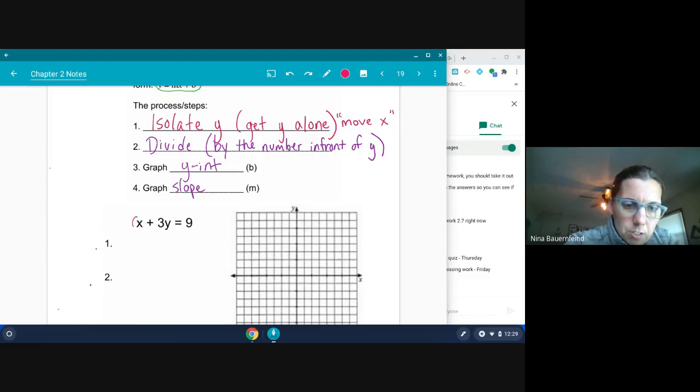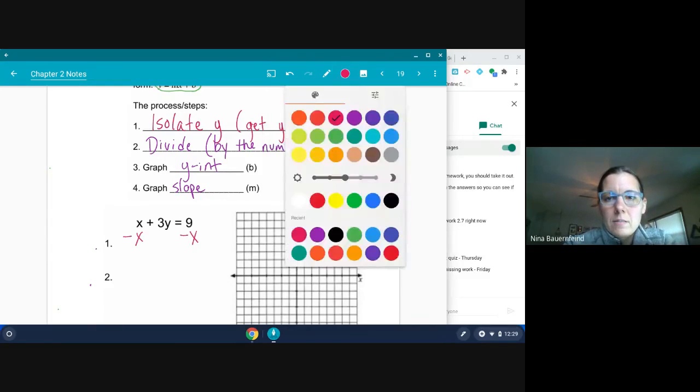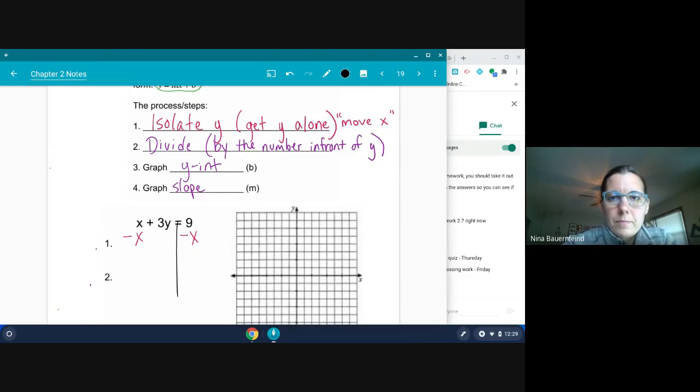Here's the piece that has the x on it. It's positive, so to undo it, we need to subtract x, but we need to do it on both sides. So we end up with, these disappear, and you have 3y equals 9 minus x.